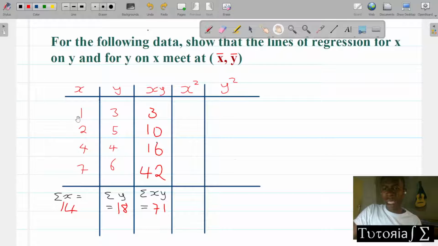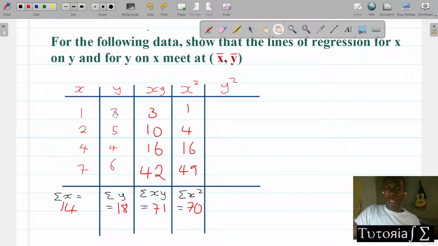For x squared, 1 squared gives us 1, 2 squared gives us 4, 4 squared gives us 16, 7 squared gives us 49. We call this the summation of x squared, which is 70. Same applies to y.